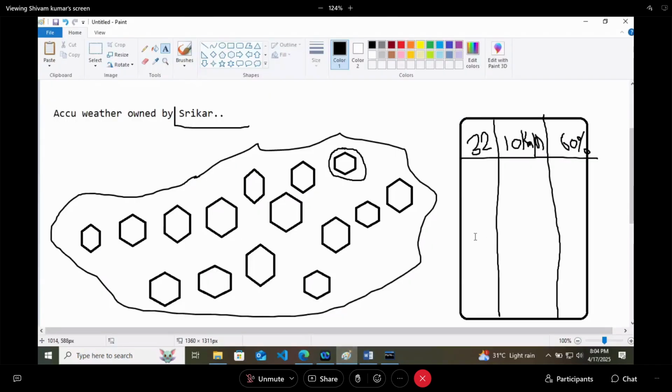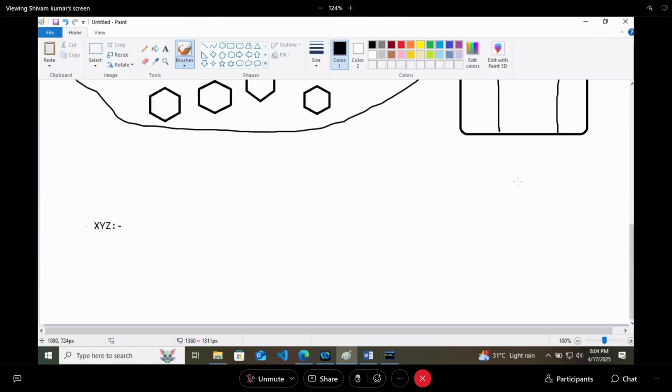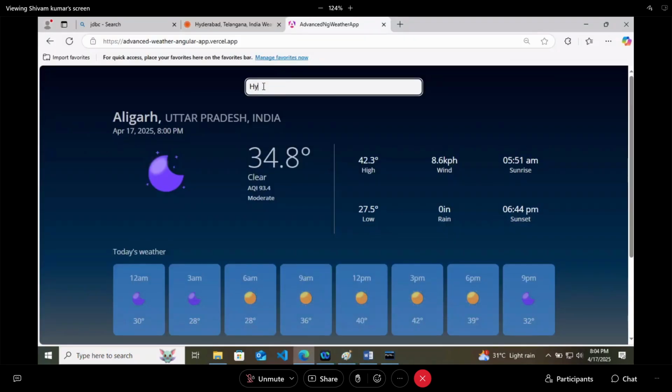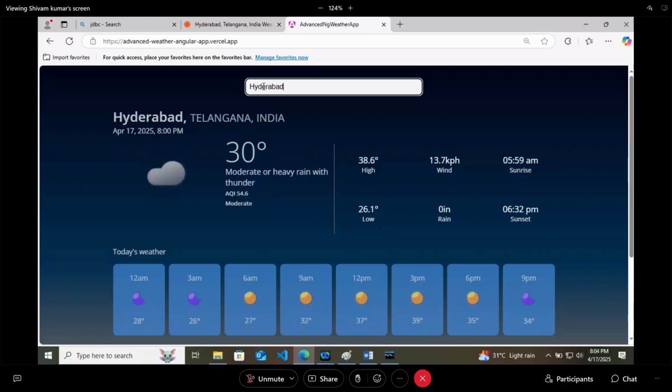Now, let's say I am purchasing data from him. How will this data come? This is my website. Here I have written Hyderabad. How will this data come? You want to check how this data is coming? I'll show you.